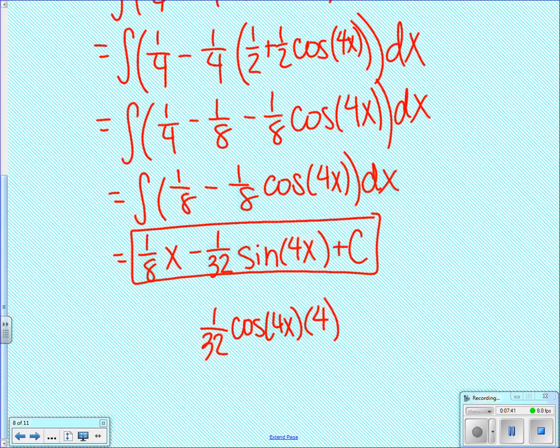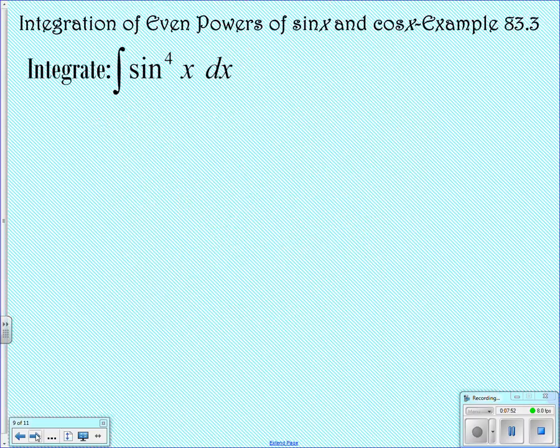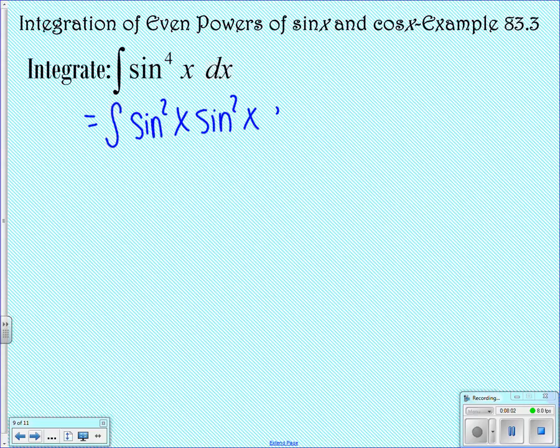So you have to keep substituting your identities until you end up with no squares for your sines and your cosines. Okay, so let's look at one more example. We have sine to the 4th. Well, the first thing that you're going to do is to break this into sine squared x times sine squared of x.